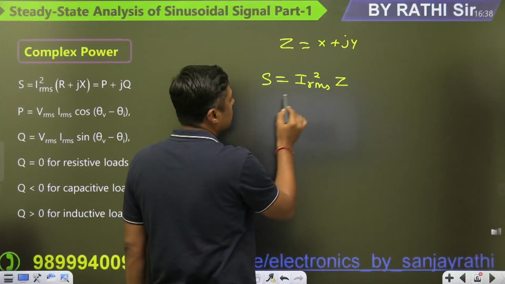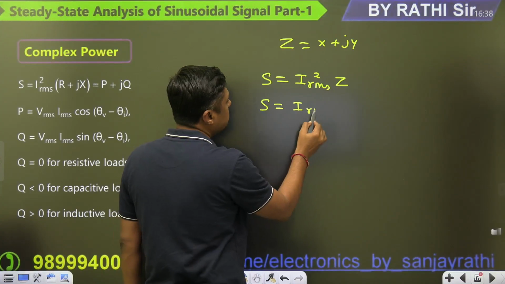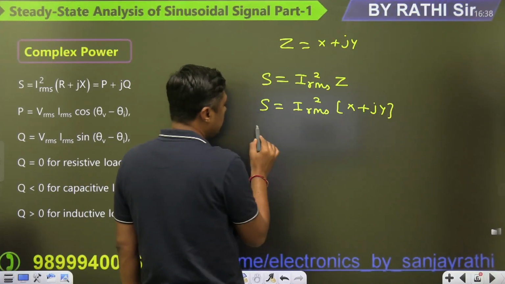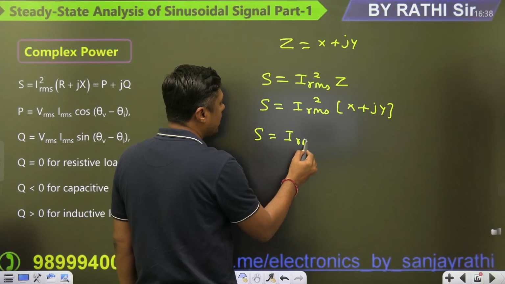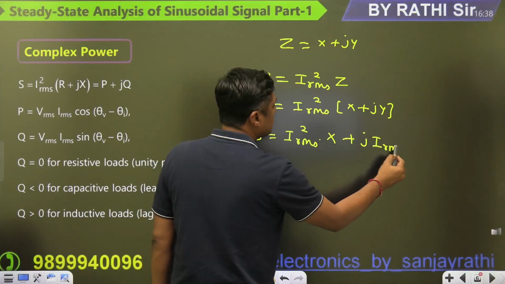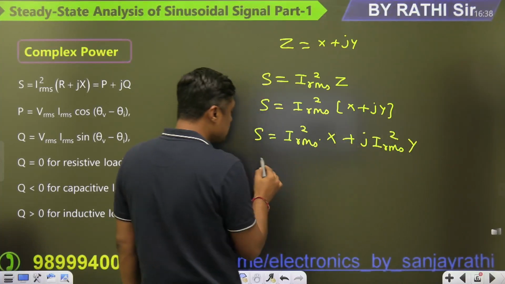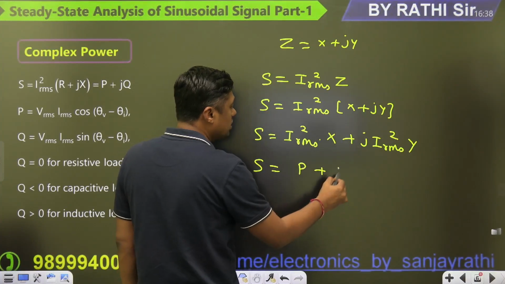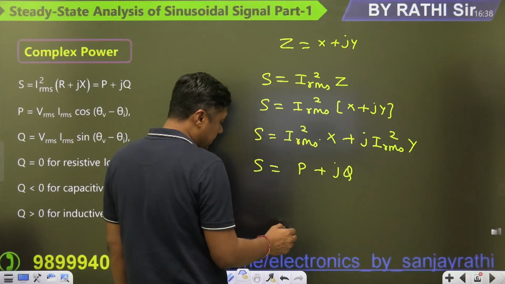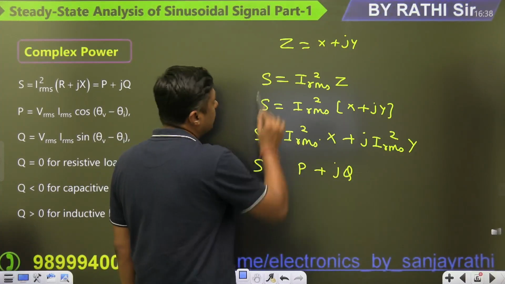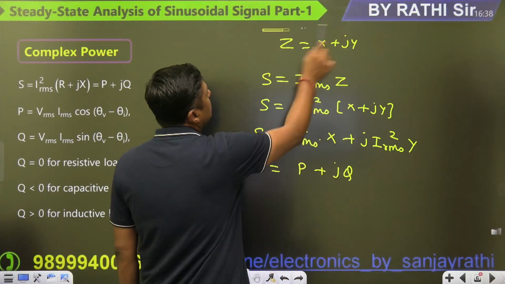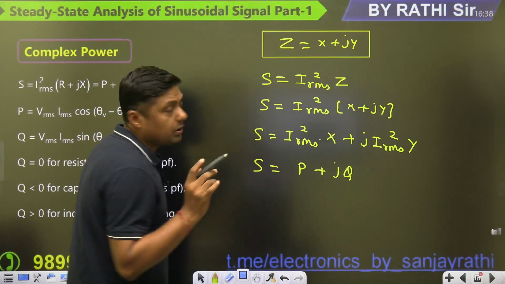It will become I RMS square into X plus J I RMS square into Y. This is called P, and this is called Q. So if you have the idea about the impedance, then you will get the real part and imaginary part. Then with the RMS value of the current, you can directly multiply to get P and Q.